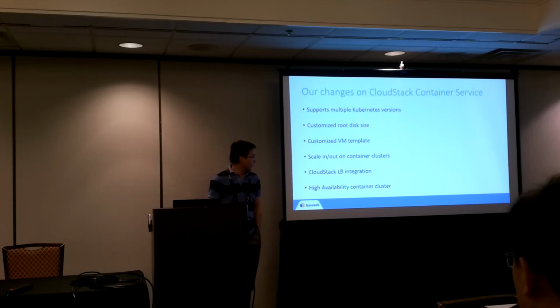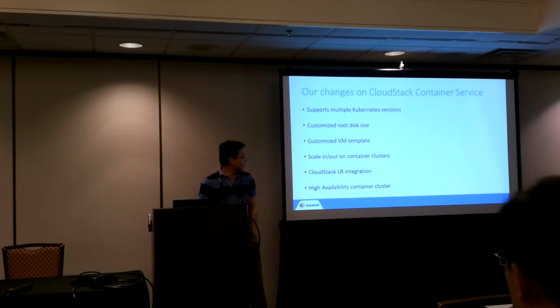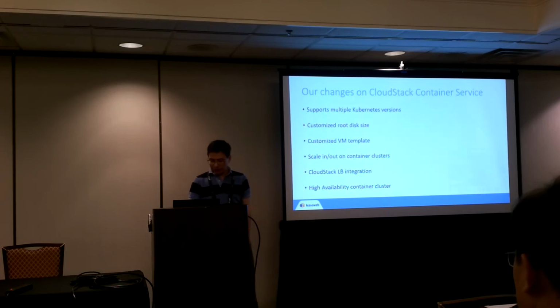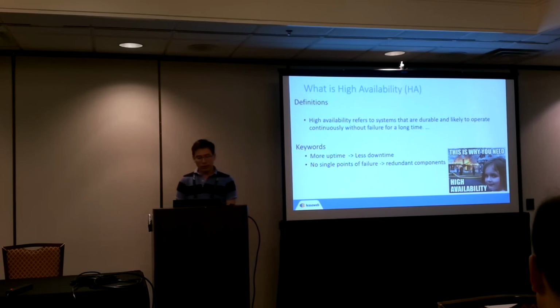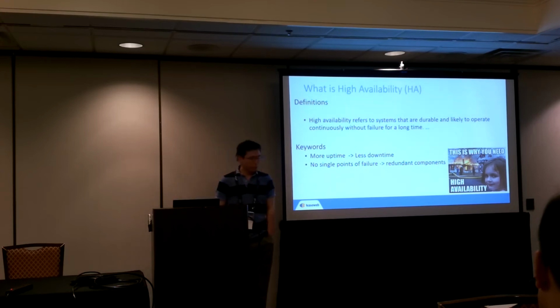We also support high availability container clusters. I will give more details. High availability normally means more uptime and less downtime. So normally there is no single point of failure, and all the components are redundant.